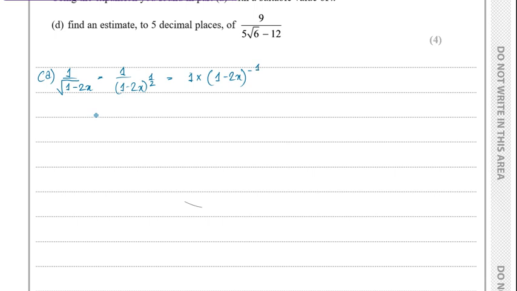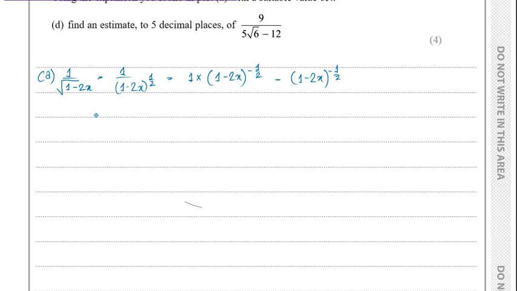It will become minus 1 by 2. The 1 will actually cause no effect, so you can just ignore it and write 1 minus 2x to the power minus half.